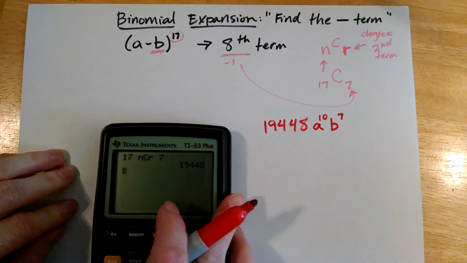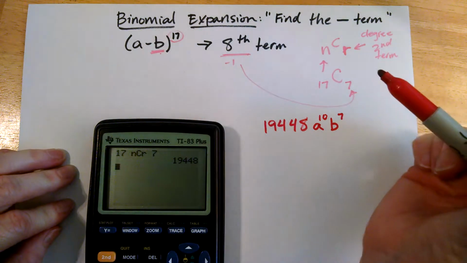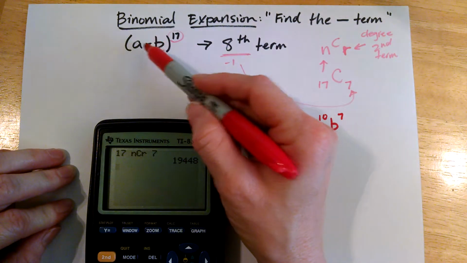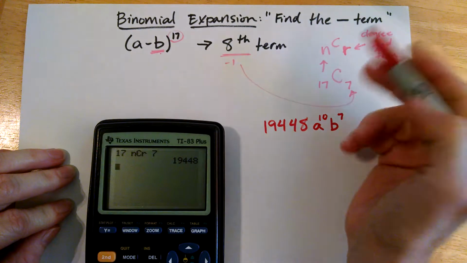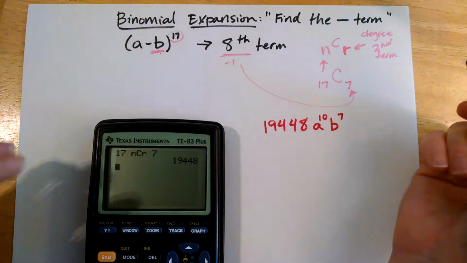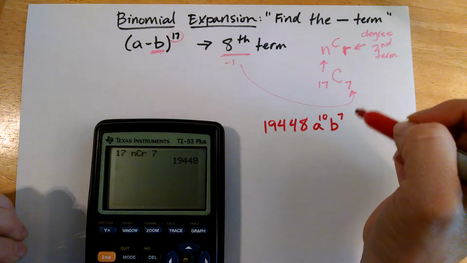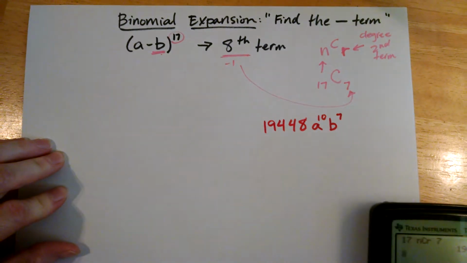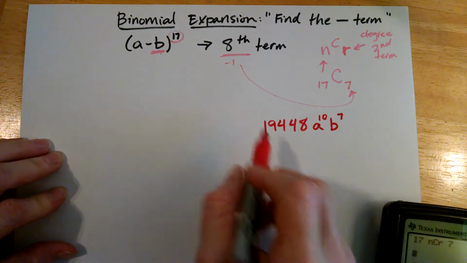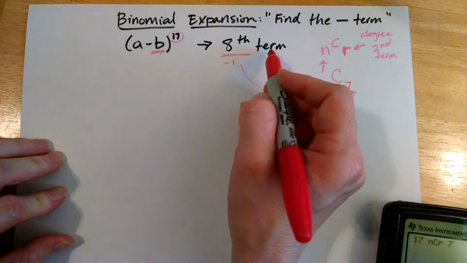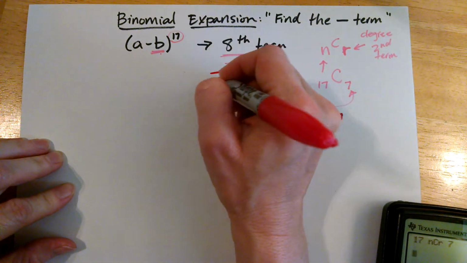Okay, another thing we have to think about is this negative sign right here. That's going to play into this coefficient to tell whether it's positive or negative. Now, the thing to look for is this exponent right there. We know that we subtracted 1 from the term we're looking for to get 7.